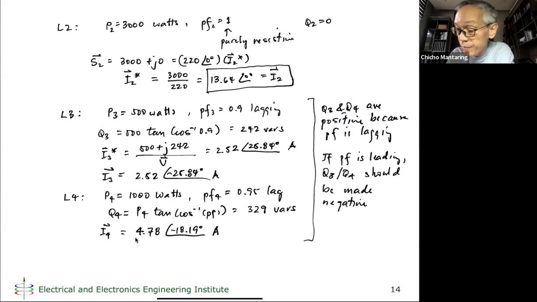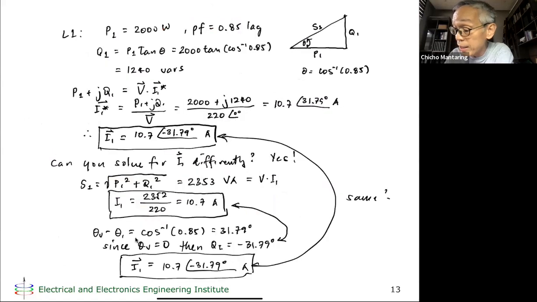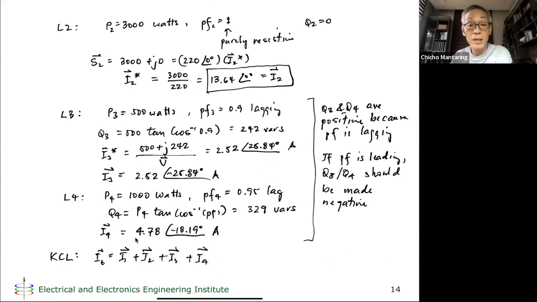So finally, sabi natin, pwede tayong mag KCL, no? Alam na natin yung phasor values of I1, I2, I3, I4, pwede na tayong mag KCL. I of t is just I1 plus I2 plus I3 plus I4.